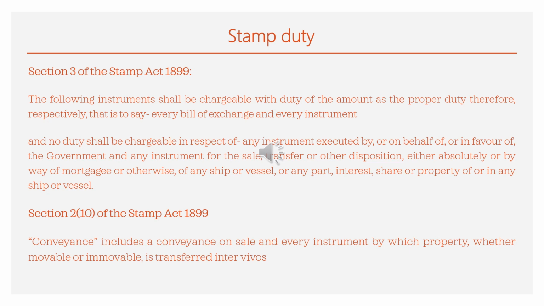According to Section 3 of the Stamp Act 1899, certain instruments shall be chargeable with duty of the amount indicated as the proper duty. Respectively, those are every bill of exchange and every instrument.